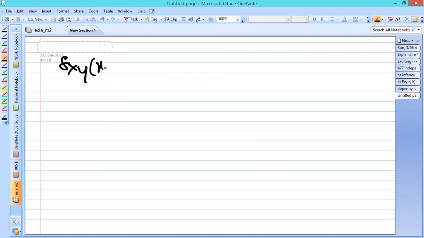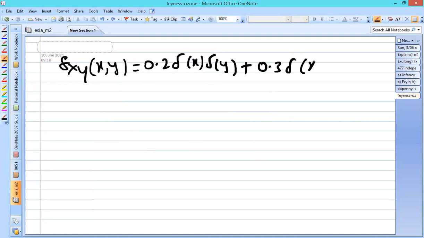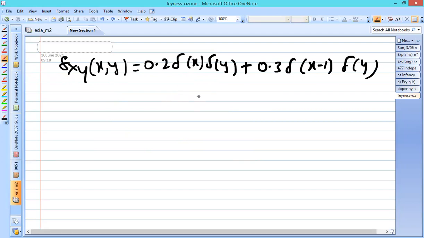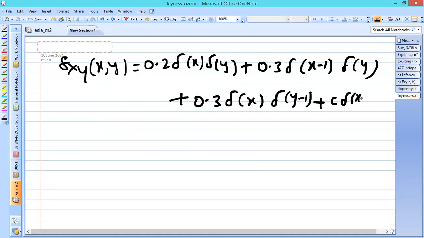So f_XY(x, y) is defined by 0.2 delta(x) delta(y) plus 0.3 delta(x minus 1) delta(y) plus 0.3 delta(x) delta(y minus 1) plus c delta(x minus 1) delta(y minus 1).